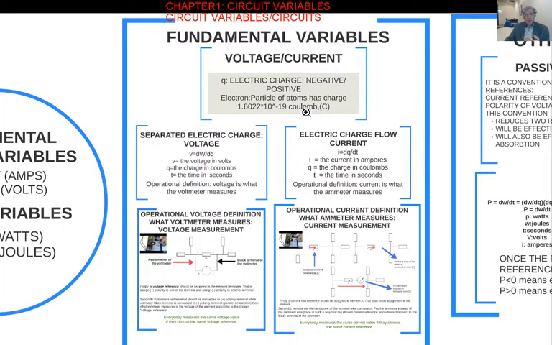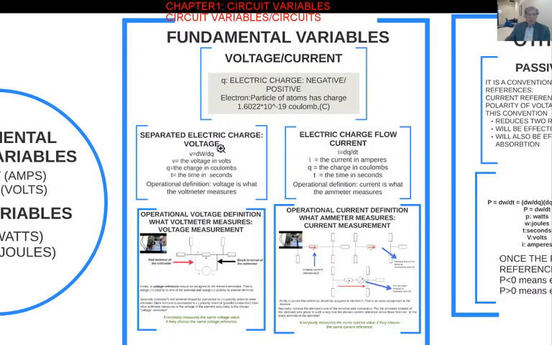If the charge is moving from one conductor, from one point to another, that means electrons are moving, or charge is moving, so they are introducing the current. If the electric charges are separated from each other, then this introduces a voltage. So separated electric charge is voltage, and electric charge flow is current.